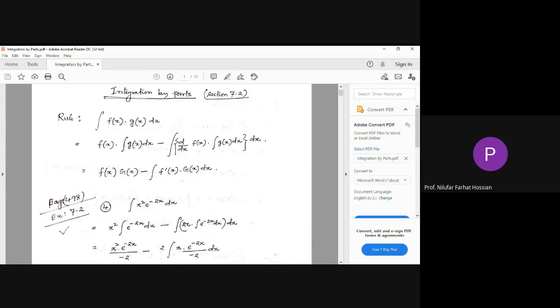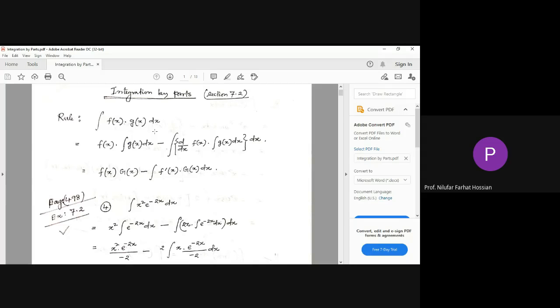So what was the formula? You just go through the formula at first. If it is the integration of the product of two functions, one function into another function, you have to choose any one of these two as your first function and the other as second function.